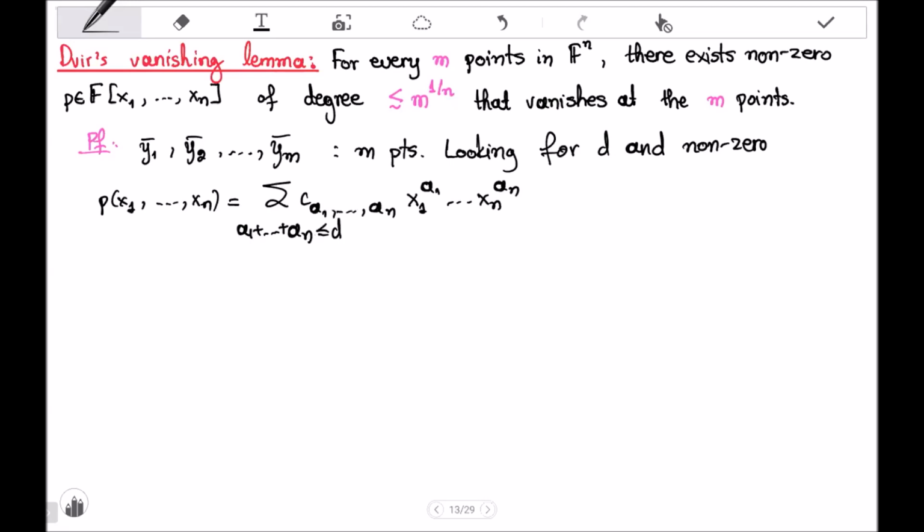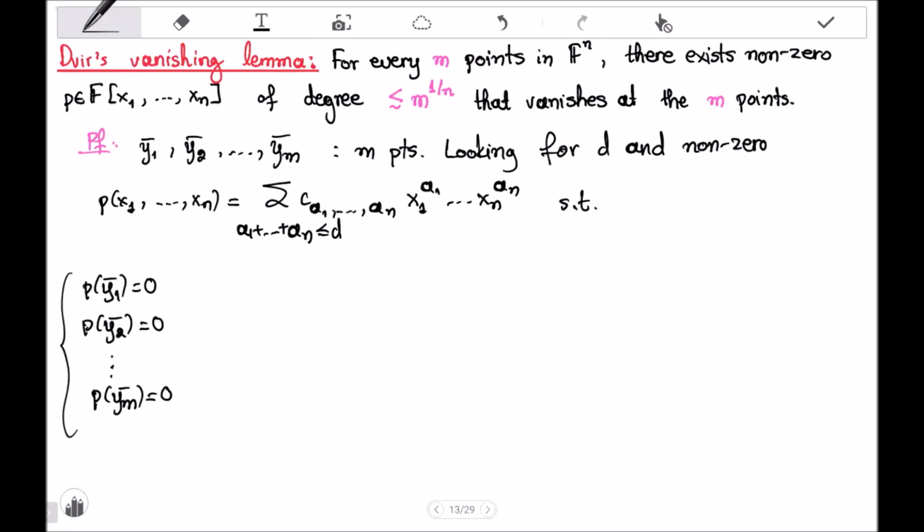Okay, we're looking for such a polynomial that's non-zero, such that it vanishes at all the points, such that p of y1 is 0, p of y2 is 0, etc., all the way up to the nth point.